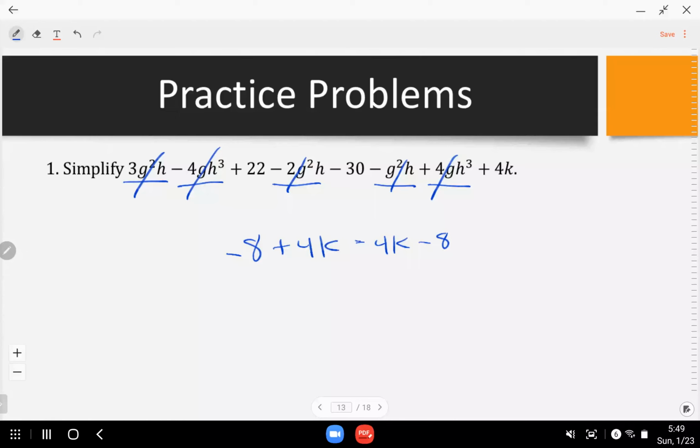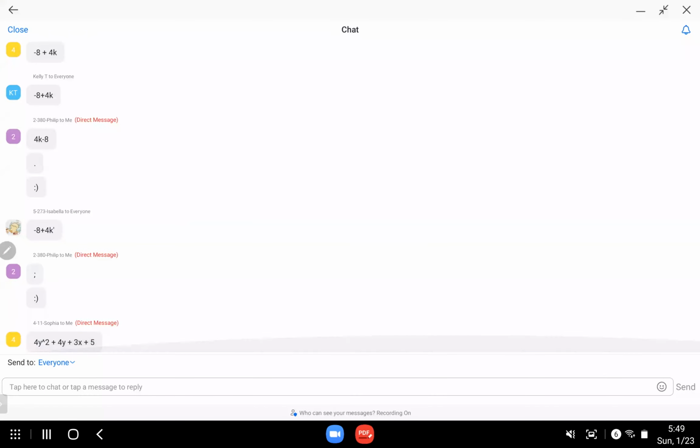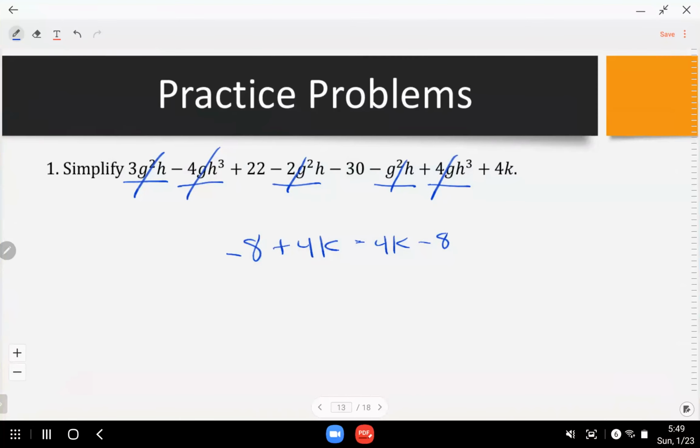Why? Because, what was that called again? Rearranging the numbers. Oh, commutative. Yeah, commutative property. That thing that we learned that I forgot about. So make sure you put your answers in standard form, variables first, that kind of stuff.